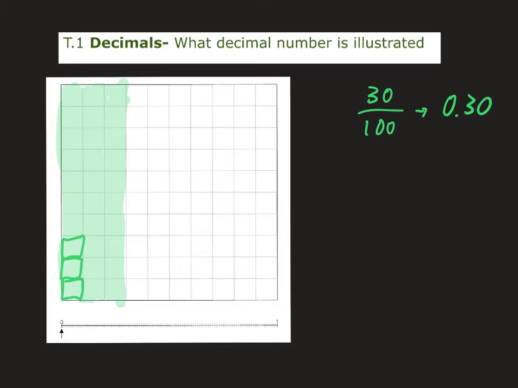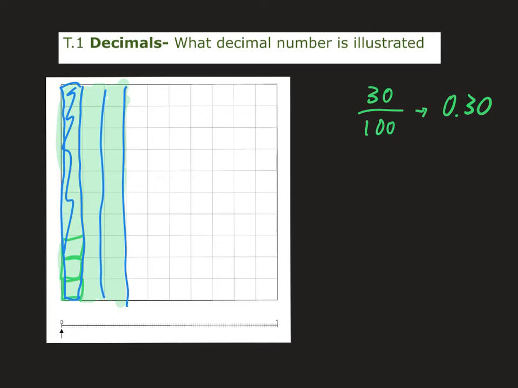I could also look at these flats and how many of these blue sections there are. If I cut it like this, now I've got one here, another one here, and another one here. So I actually shaded in 3 out of the 10.